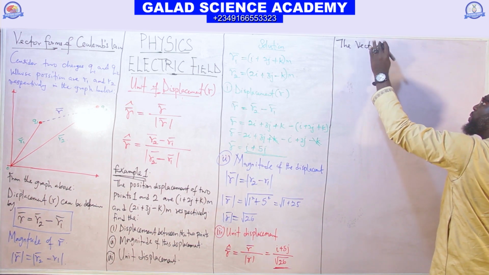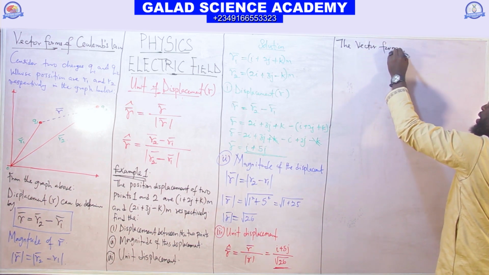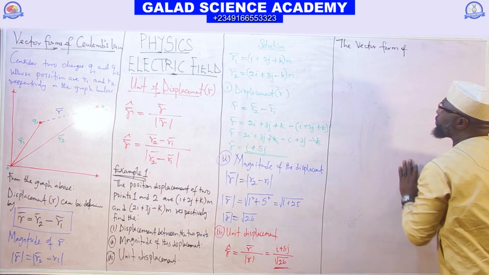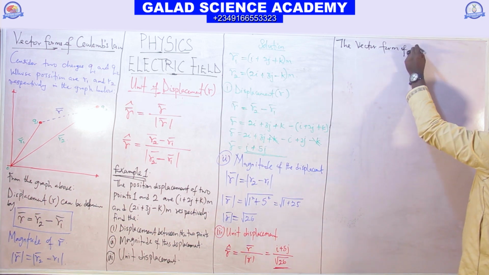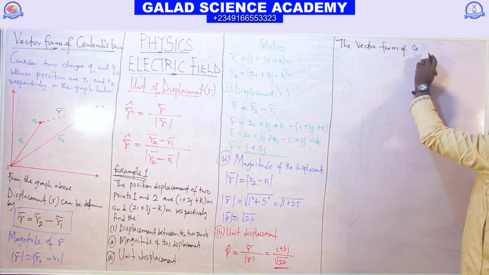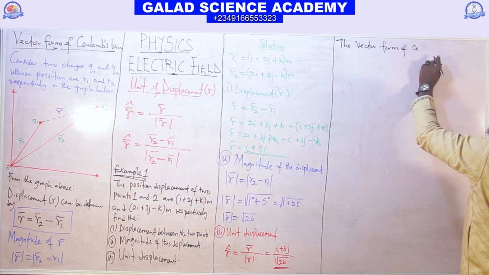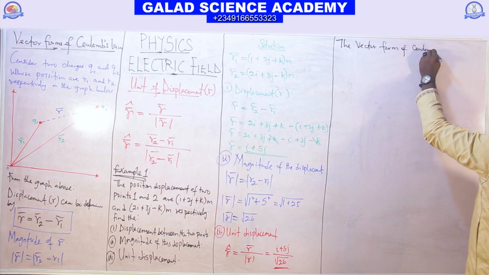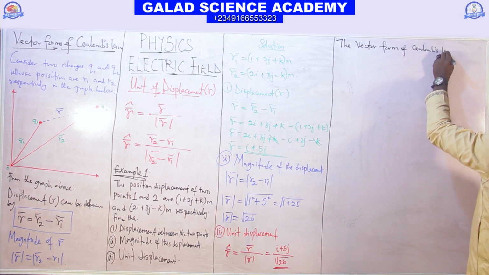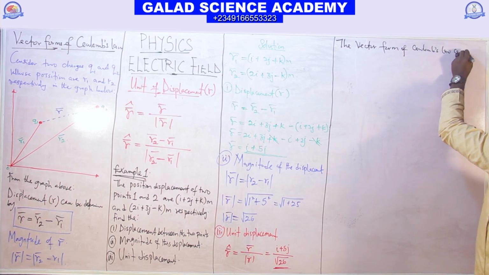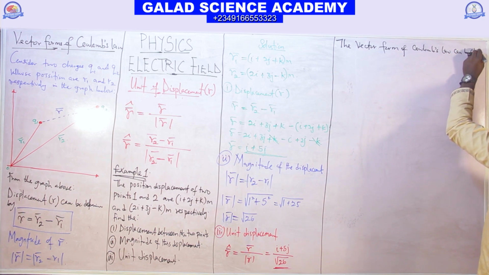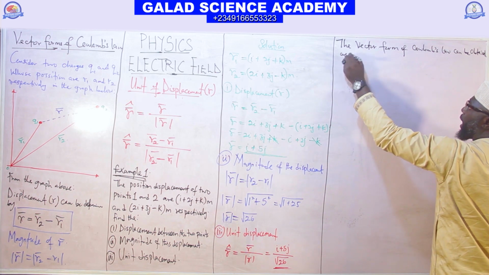So with this now, the vector form of Coulomb's law can be obtained as follows.